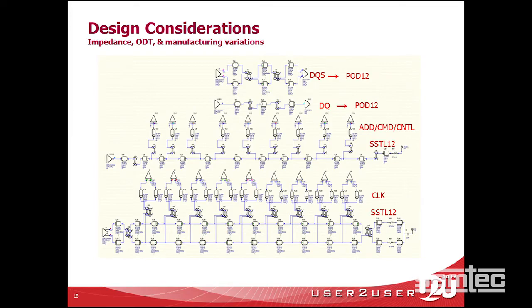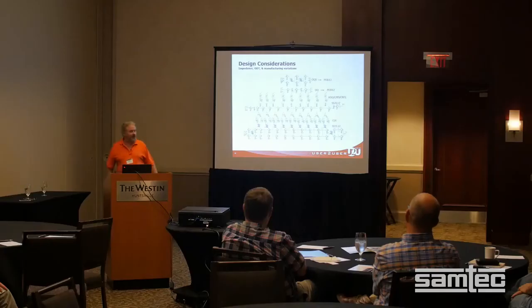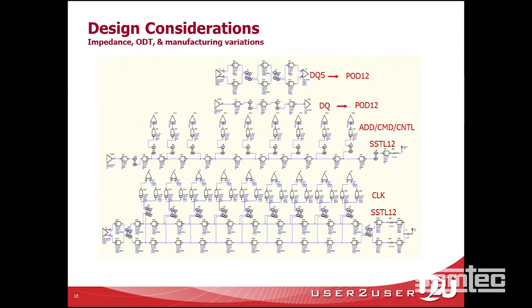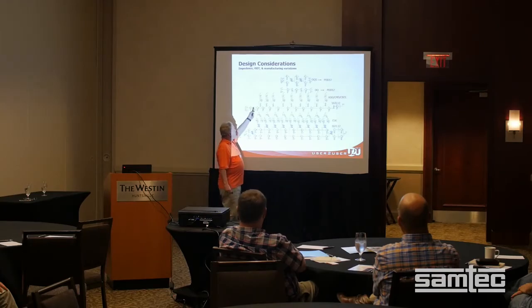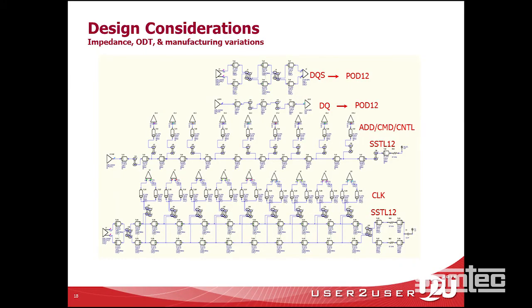Well, you are all Mentor users, yeah? So you know what this is a picture of. You can either extract this, of course, this was extracted, or you can make this yourself and put individual values in. Because, as you can see, there's a driver, a transmission line, a via, a transmission line which has impedance and length, a via to go up to the loads, 9 loads across.